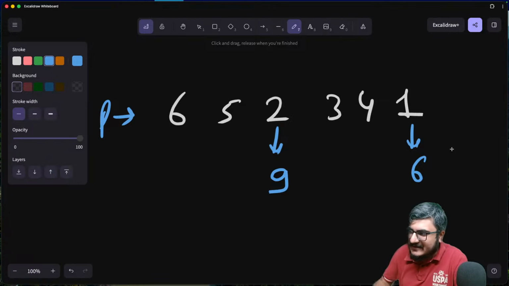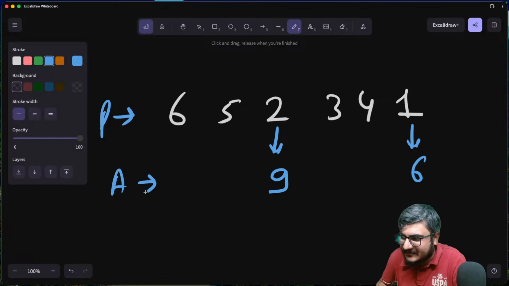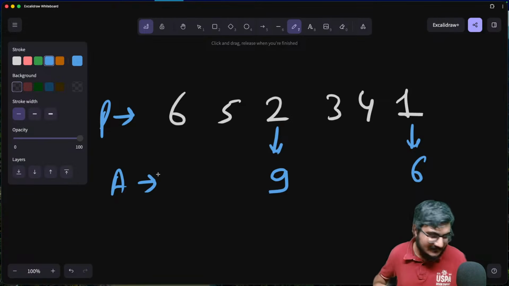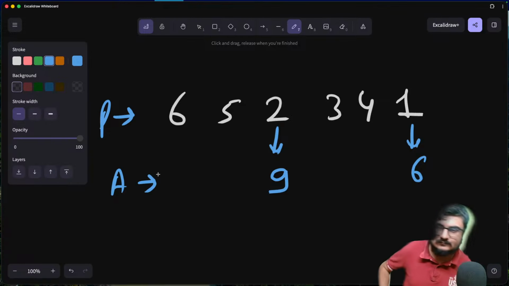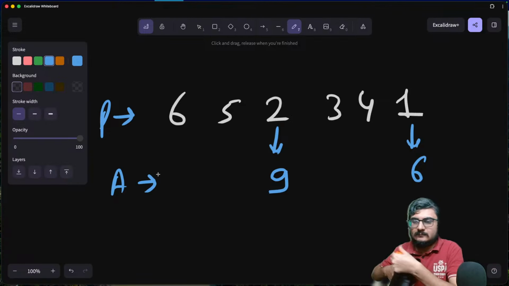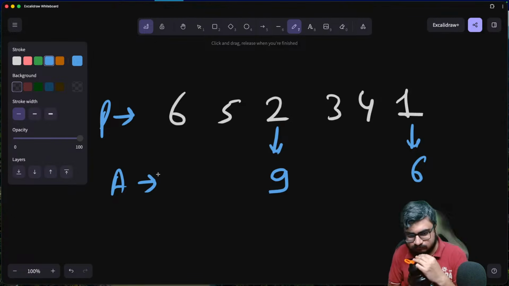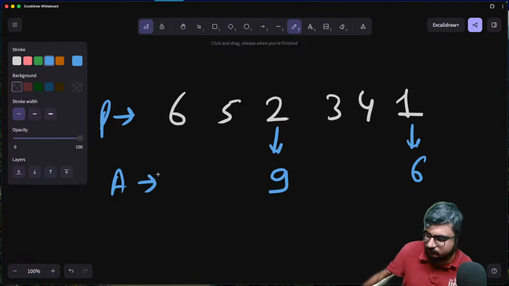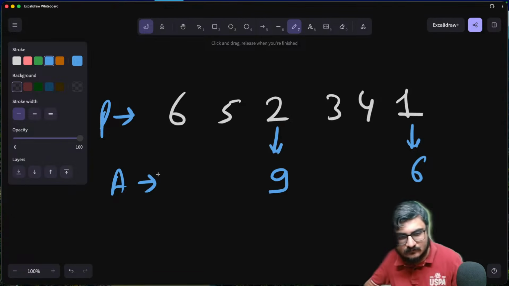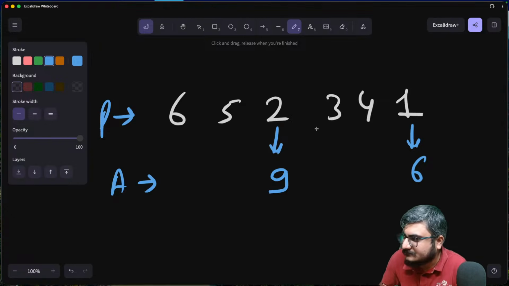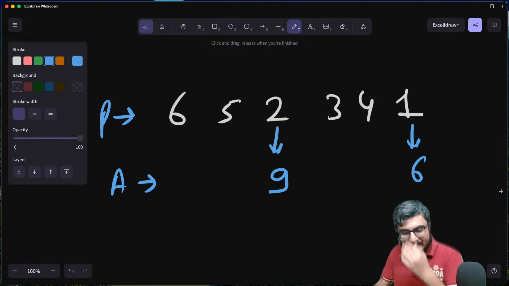So the maximum A does not necessarily mean that is the minimum element. This is a counter test case. For 2 the value is 9, for 1 the value is 6, and maximum would give us 9, but 1 exists here.